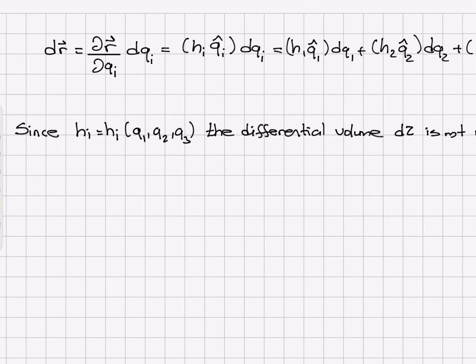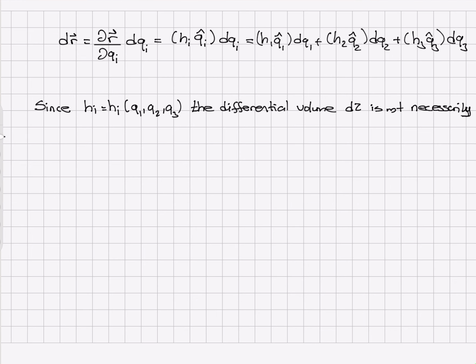Okay, and these scale factors that we have are a function of q1, q2, q3. The differential volume d tau is not necessarily a cube. So we will talk about this differential geometry in the next video. We have to consider the fact that the scale factors themselves are position dependent.